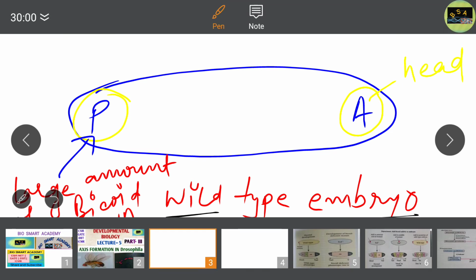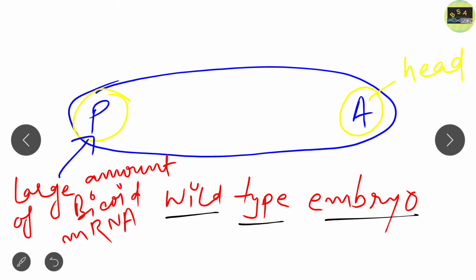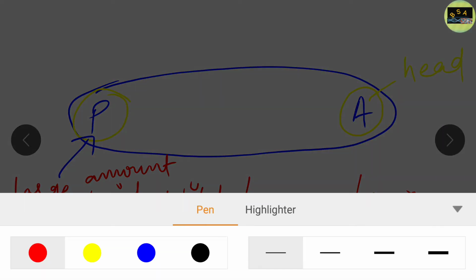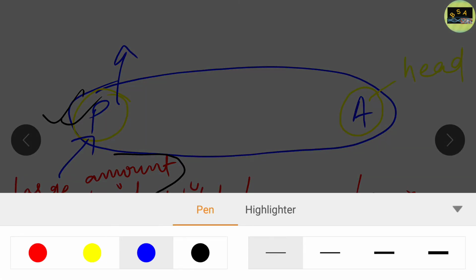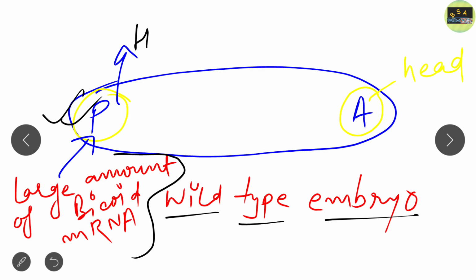The answer is that if a large amount of bicoid mRNA is injected into the posterior end of a wild type embryo, then two heads emerge. The posterior part will also generate head.